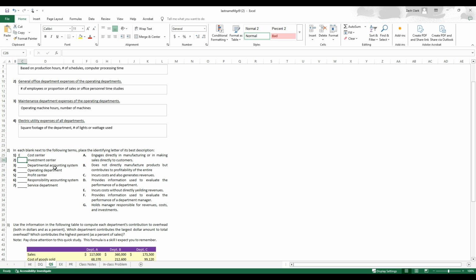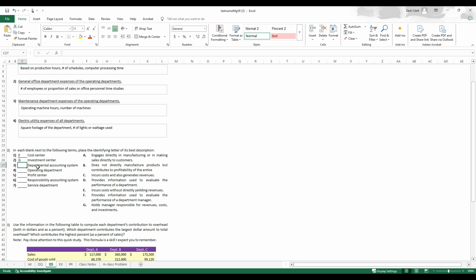An investment center, remember, is kind of a whole division. It has its own area, its own balance sheet, its own revenues and costs. It's almost a standalone business, but under one umbrella. And so that will be our investment center.